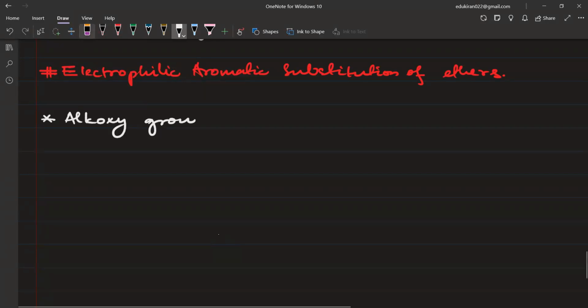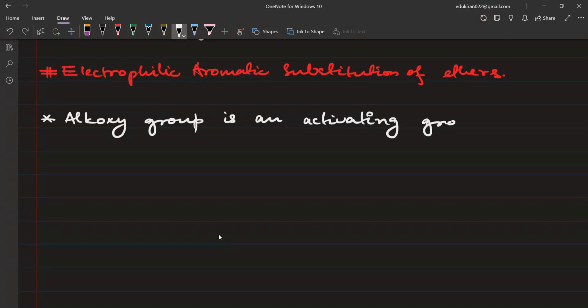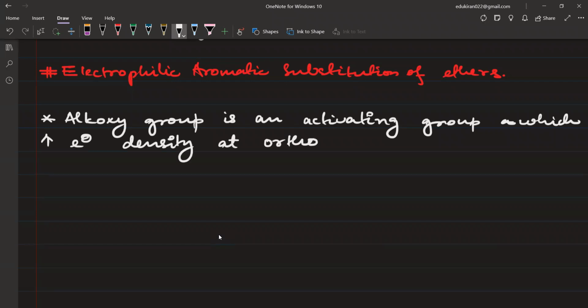Alkoxy group is an activating group which increases the electron density at ortho and para position.